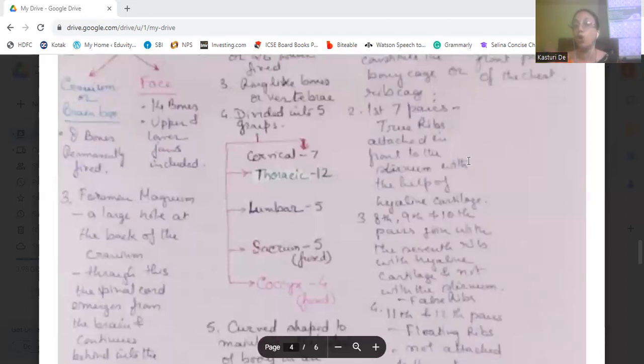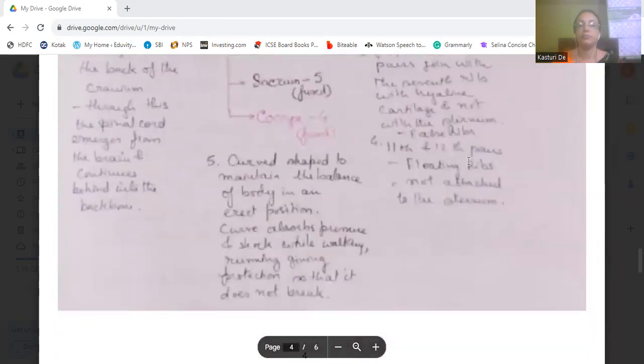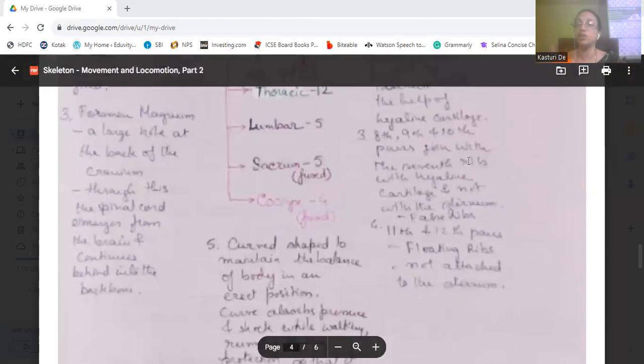It's a large hole at the back of the skull, through which the spinal cord comes out as a continuation from the brain, and it enters into the backbone.